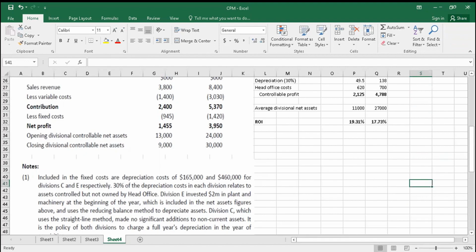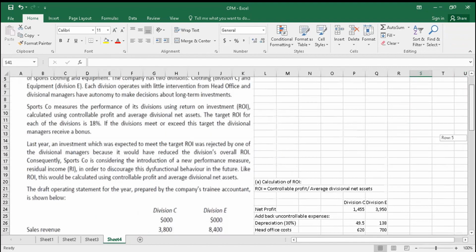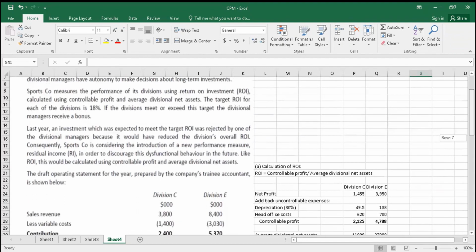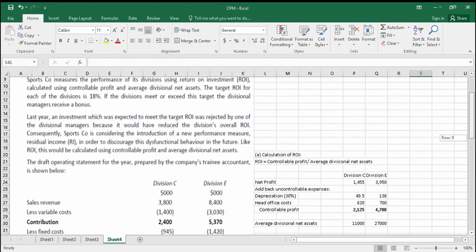What do you think? Why is there a difference? It's not a very lengthy question, very simple details are given to us. The first thing is the introduction, then we see there's a target ROI set.